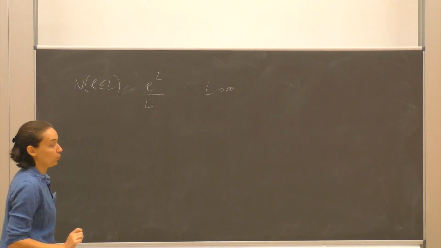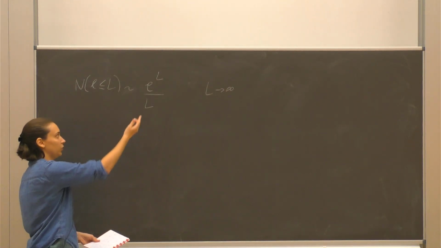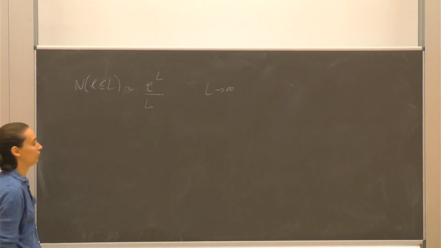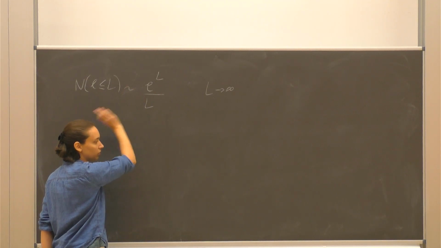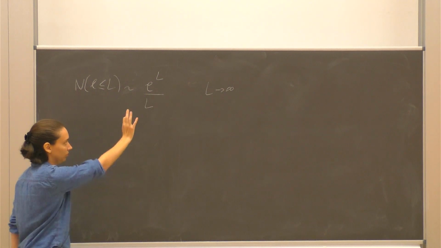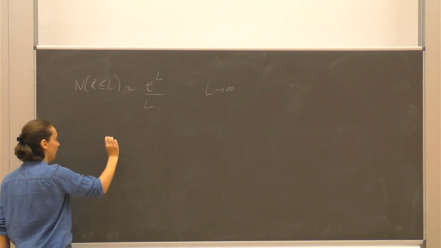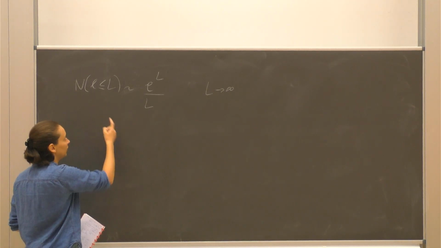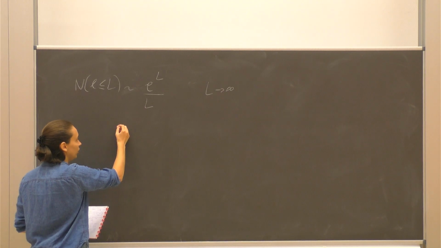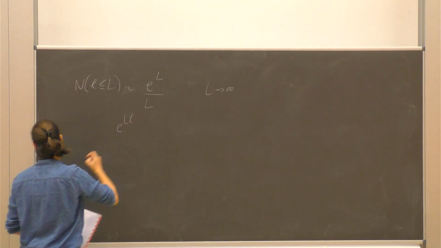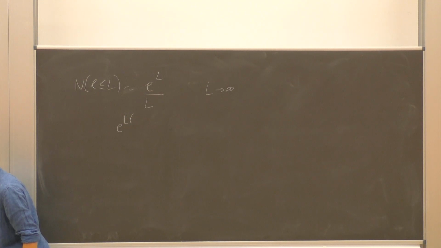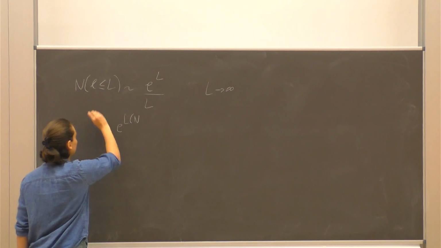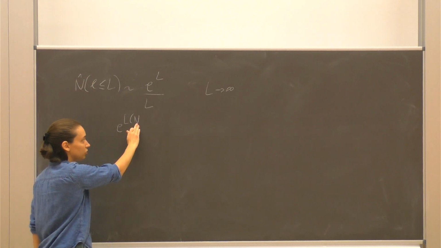So then a question you could ask is, given that I know this behavior, I didn't derive it, I'm just telling you this generic behavior in chaotic systems, and specifically for the modular domain, you can show that it takes this form. Then you can ask, what are the degeneracies at a given L? To do that, it's very simple. Given that all of the integers will be realized, you just have to take some integer n, which I'll call n hat.